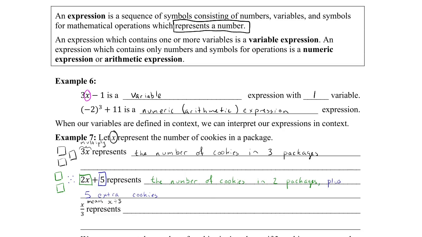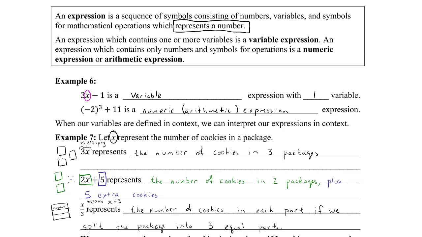We write it with the fraction bar. So what this means is, we have a package of cookies, and we split it into 3 equal parts. So this represents the number of cookies in each part if we split the package into 3 equal parts.